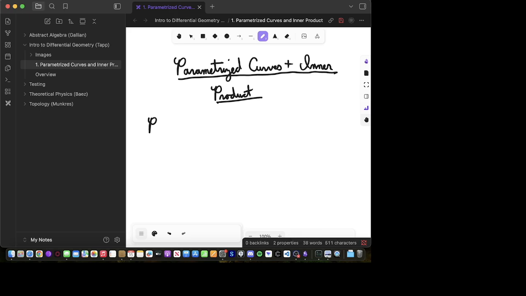So a parametrized curve in Rn, that's basically the n-dimensional space of real numbers. So R3 would look like this, R2 would look like this.